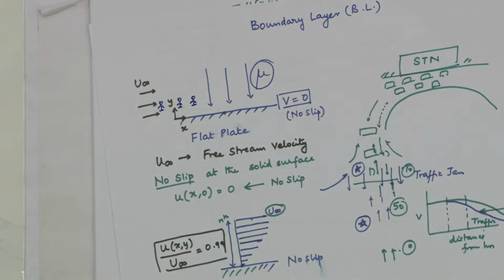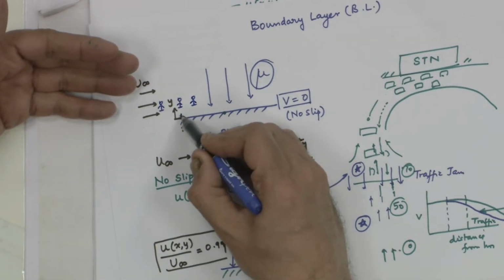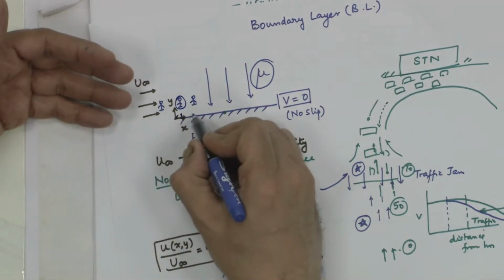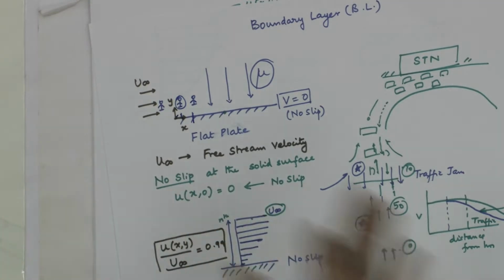I am walking over the plate. When I reach x equal to 0, I may not be affected, but at some distance into the plate, I come to this point, I am more used to the traffic jam, I am more used to the fact that there is a plate below me.